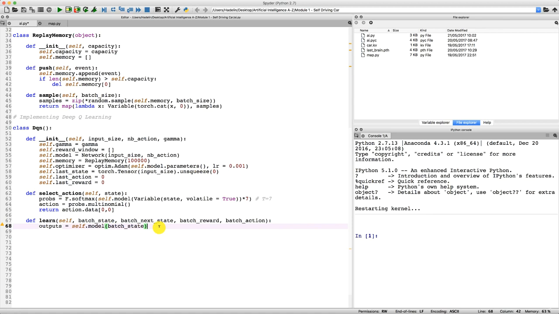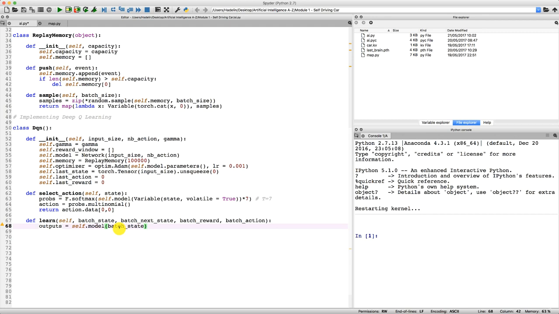But then there is another technical trick. If we only do self.model(batch_state), well, we will get the outputs of all the possible actions, 0, 1, and 2. But that's not what we want. We are only interested in the actions that were chosen, the actions that were decided by the network to play at each time.